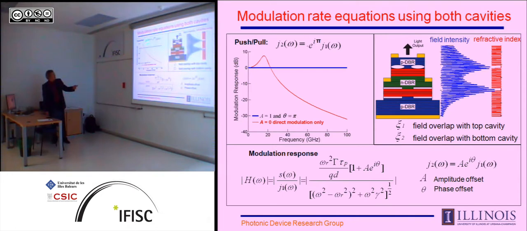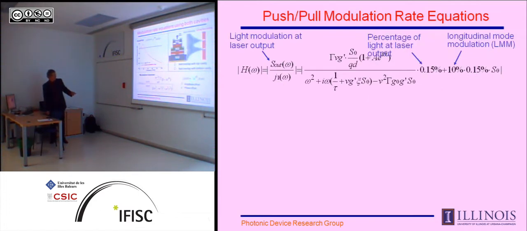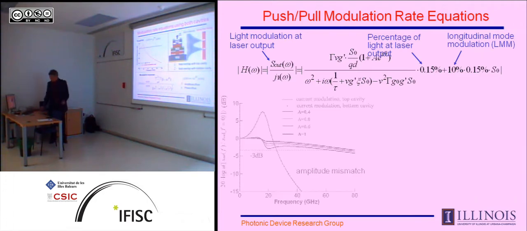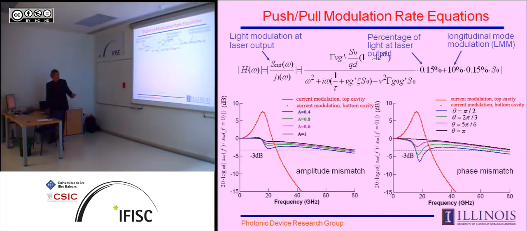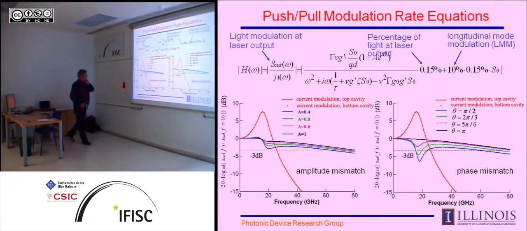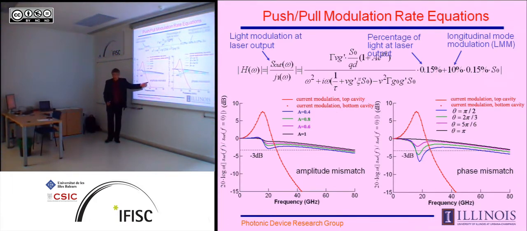Then, taking a step back, my current that's being injected is out of phase in the two cavities. So when I have exactly 180 degrees out of phase, I can represent that with, here we go, I can look at the variation in terms of amplitude and phase. What happens when I add in this extra part, I can look at this modulation, and what I see is that, again, the red curve here corresponds to the conventional modulation. These other curves correspond to push-pull modulation.